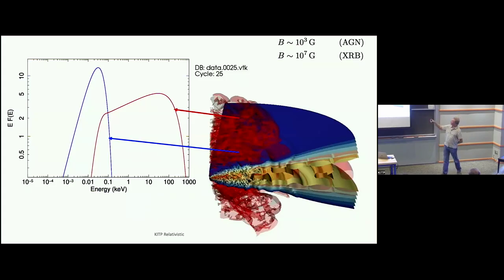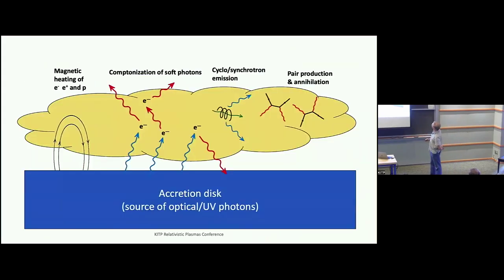So let's quickly run through, just to orient people, the basic physical processes here. Imagine this blob of energized, optically thin plasma above our optically thick, relatively cold accretion disk. The accretion disk is pouring UV optical photons off. So there's some kind of heating that goes on, again, presumably magnetically.